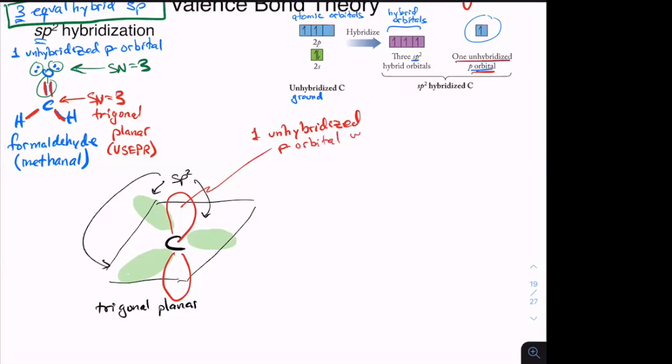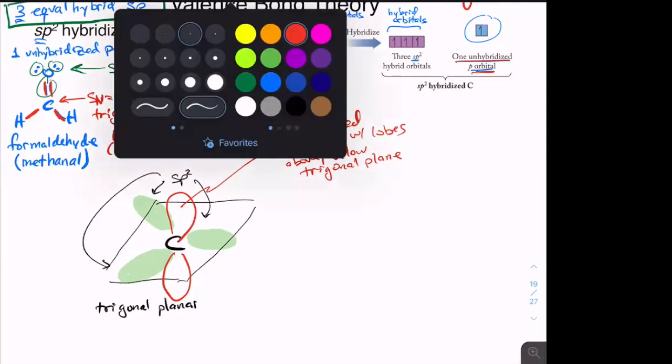That's shown with the lobes above and below the trigonal plane. But remember that those 2 lobes define the distribution of any one of those 2 electrons that can be found in that atomic orbital. This is an atomic orbital.